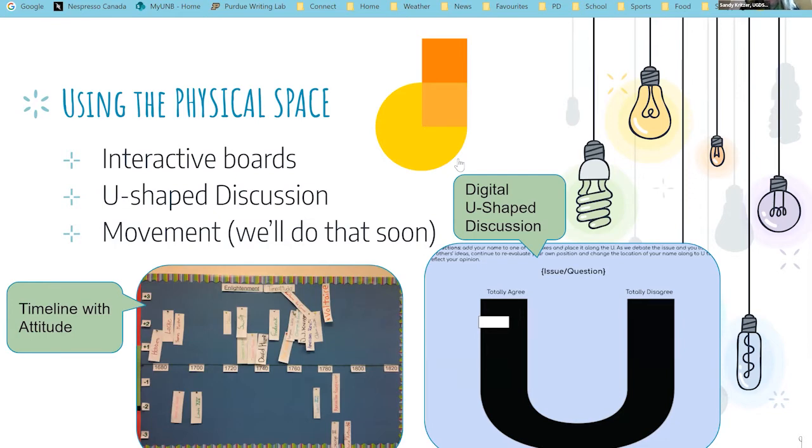In this case, this was a 4U class, and we were learning about Enlightenment thinkers, and we would go back to the timeitude and sometimes rethink where previous people had been placed, and then we changed them. It was a really good collaborative conversation in the classroom, and kids totally got into it. In fact, you can see they went and changed my timeline. It said Enlightenment timeline, but then they changed it.